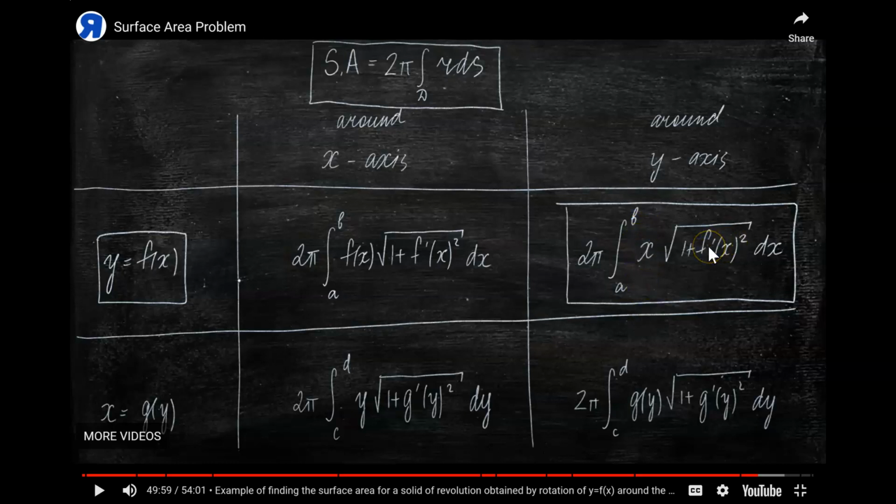We can do it one way, and because we already did it this way, let's go this way, right? So let's integrate with respect to x, and that means we need to find the limits, a and b.